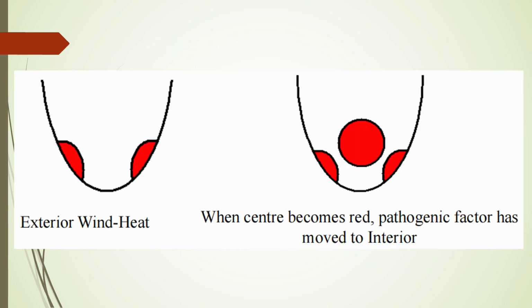This change is more likely to occur in children. Thus, in the beginning stages of invasion of wind heat, the chest area may become slightly red. Indeed, this change is likely to occur in children even before some symptoms appear. When the redness spreads towards the center, it means that the pathogenic factor has become interior.